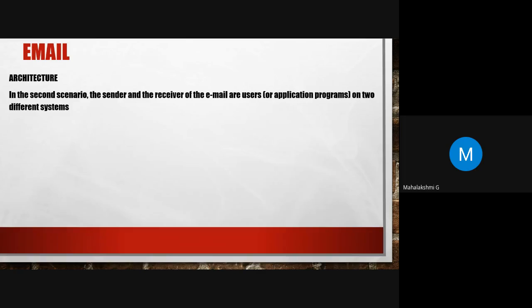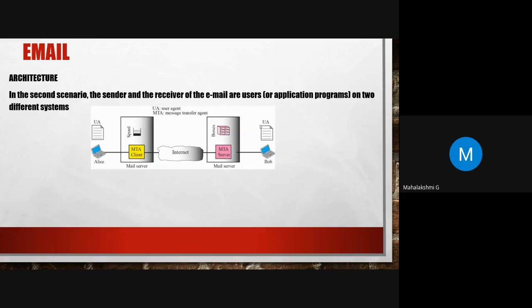So in this case, as we have shown in the figure, the message needs to be sent over the internet. So here again we need two user agents, and in addition to that we need to have an MTA, that is, a message transfer agent. Now again we will see a small example.